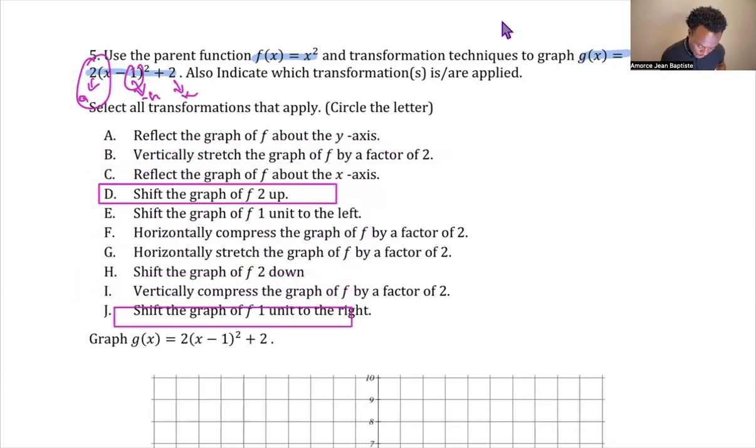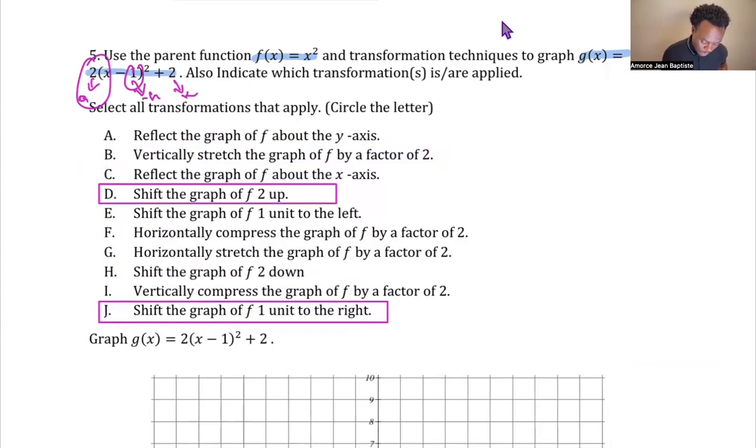And then we stretched vertically by a factor 2.